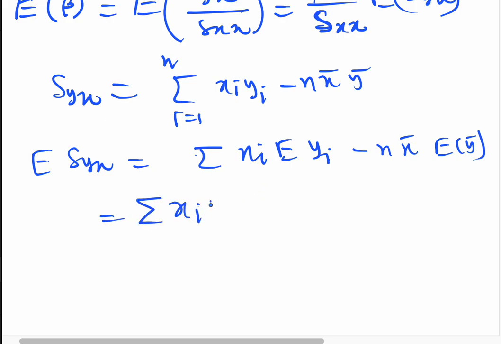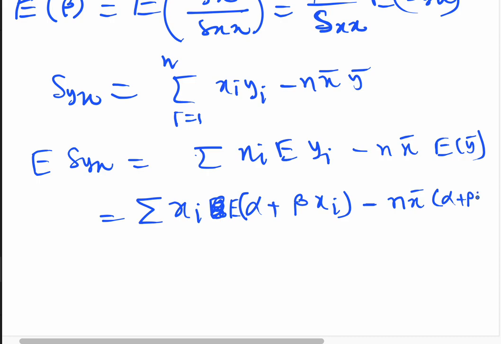So this will be alpha plus beta xi, minus n x bar times alpha plus beta x bar.